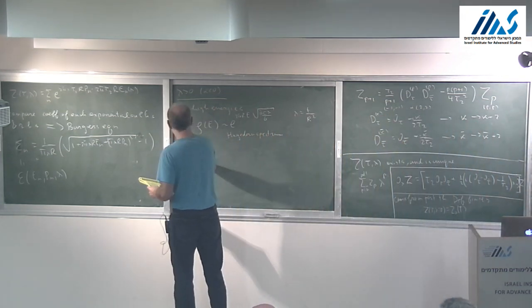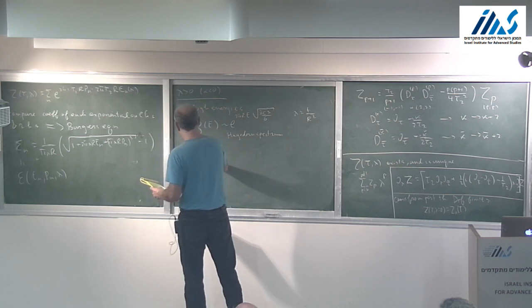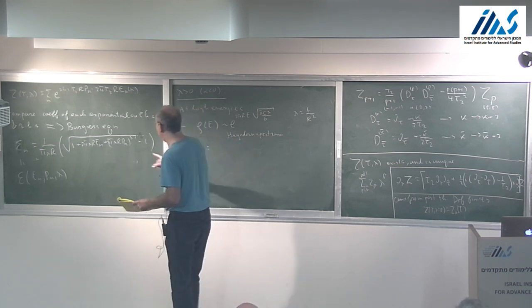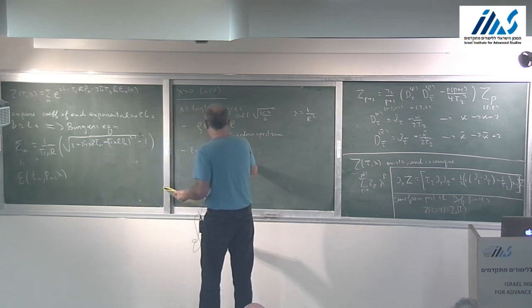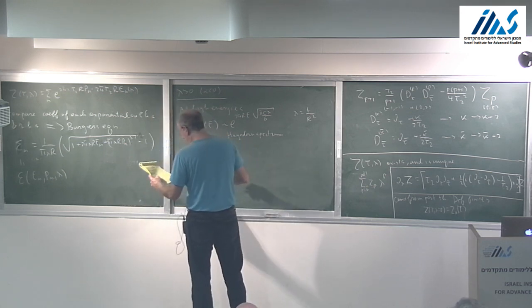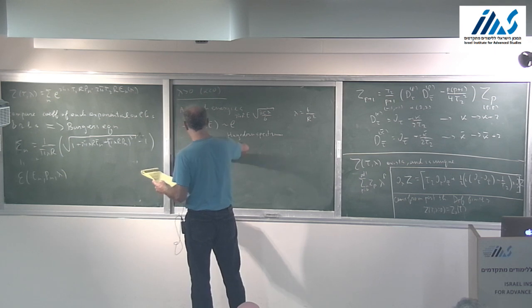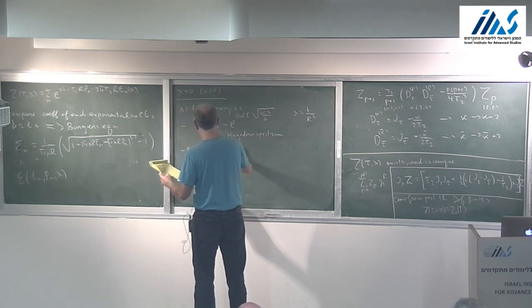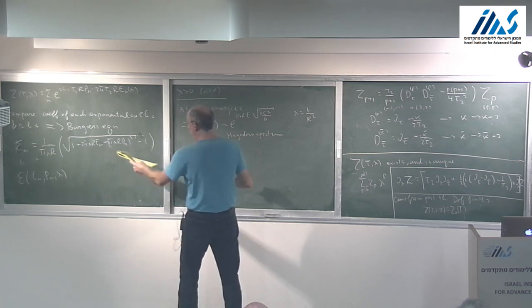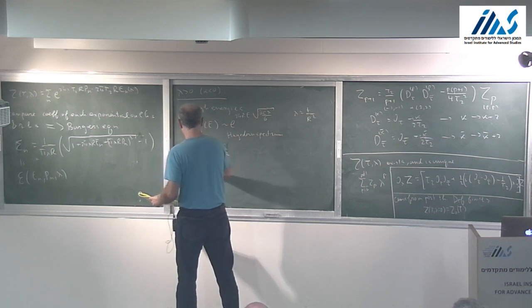And another issue is the ground state energy, which I think already also appeared here. So for the ground state energy in the undeformed theory, you have some formula like this. R E ground state is equal to minus c over 12. And of course, P equals 0.